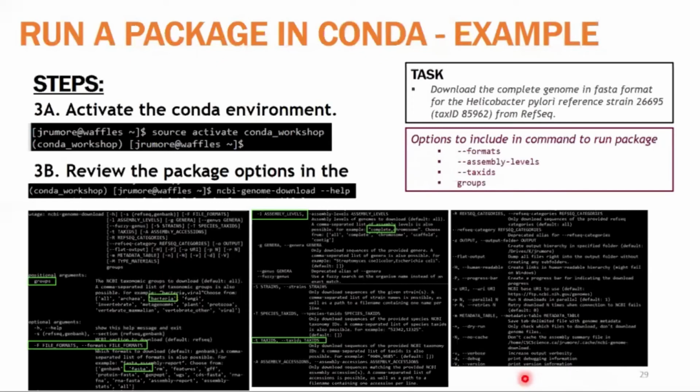Just as an FYI, groups is a positional argument, meaning it matters where it appears in the code. So if we look at this usage statement, we can see that it appears at the end. So when I'm writing my code, I have to have this particular option at the very end of my code.